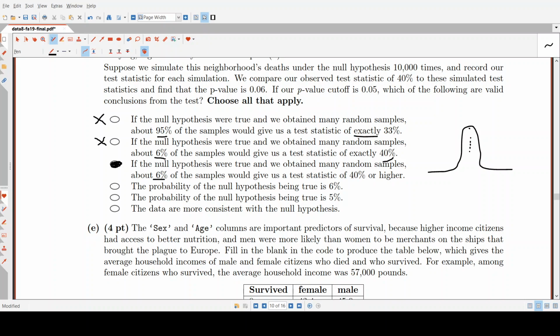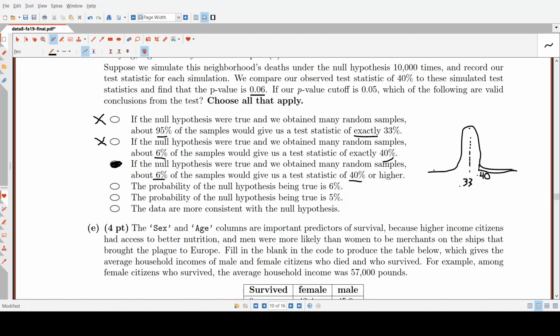We know it's centered around 33%, right? So 0.33 here. But here we have about 0.40. And we know that the p-value is the percentage of simulated statistics that are more extreme than your observed statistic. So our observed is 40%, right? And that means that if the p-value is 0.06, then 6% of samples are going to be more extreme than that, aka higher.